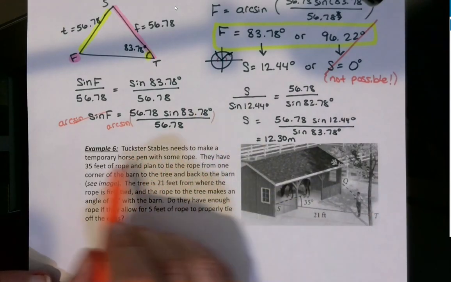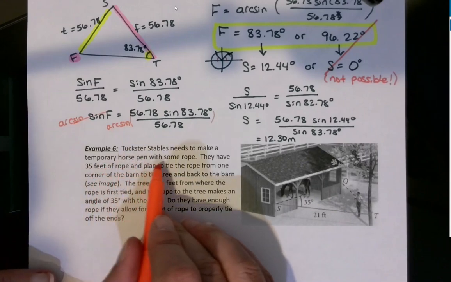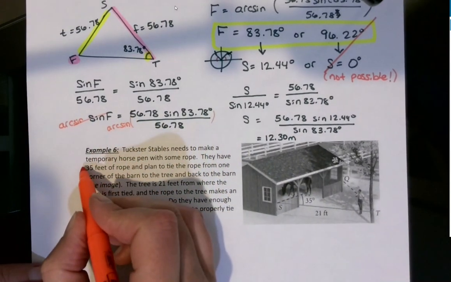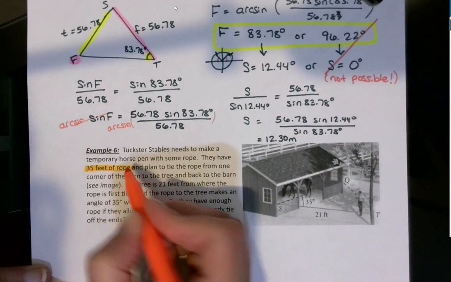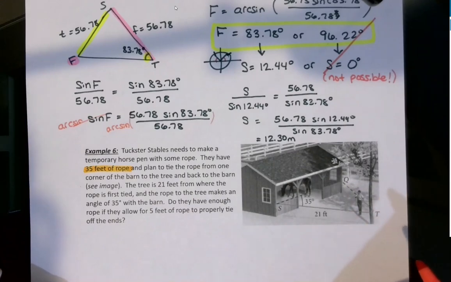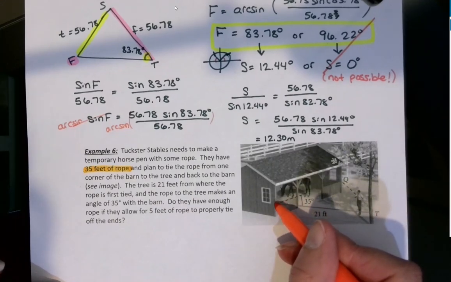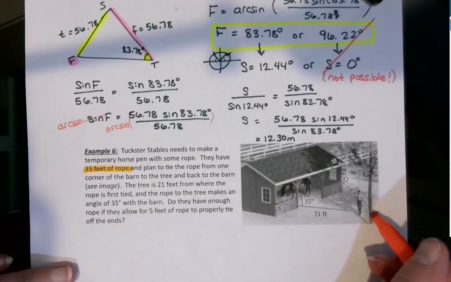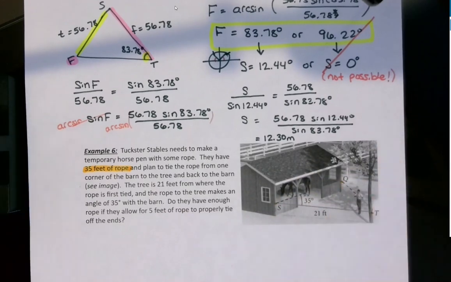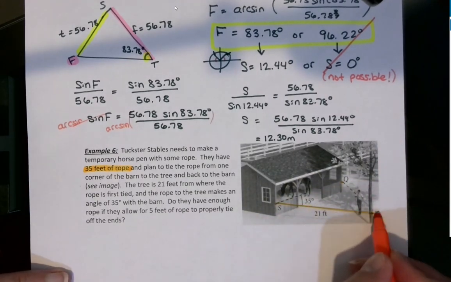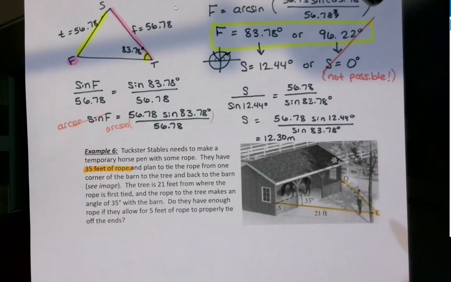So the stables need to make a temporary horse pen with some rope. They have 35 feet of rope and plan to tie the rope from one corner of the barn to the tree and then back to the barn in the other corner. So we're making this triangle here.